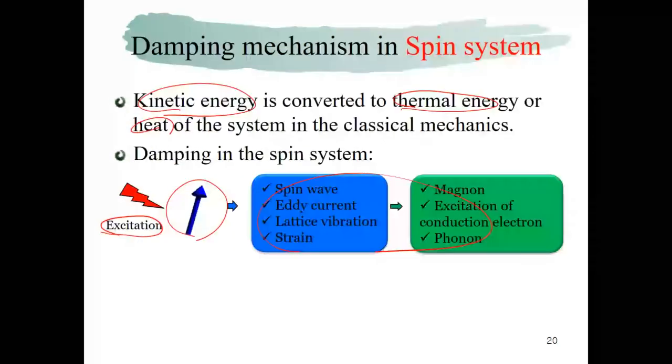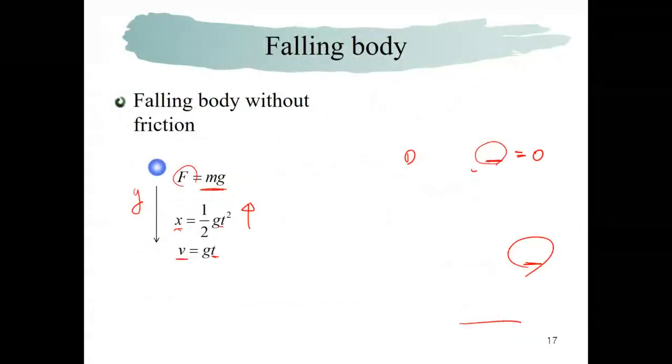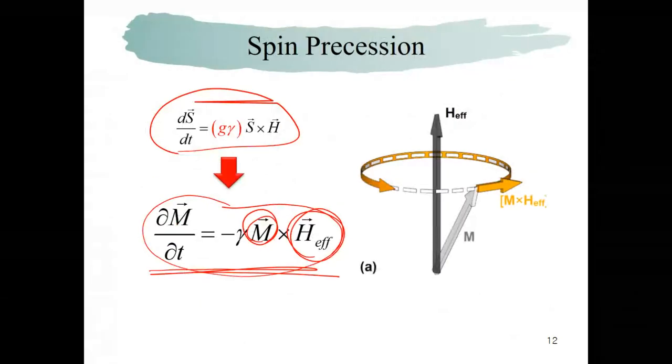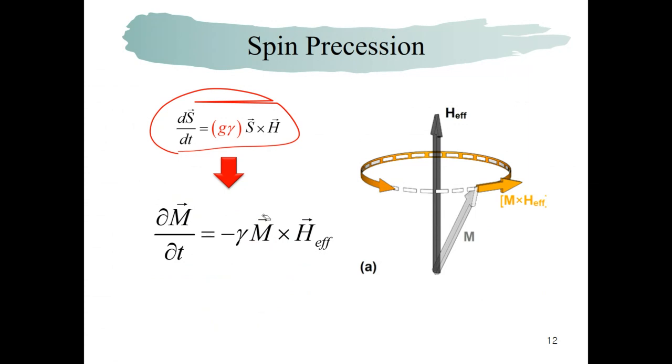Let's go back to this precession motion. Here is the M cross H. M is here, H is here, and we have a cross product between them.